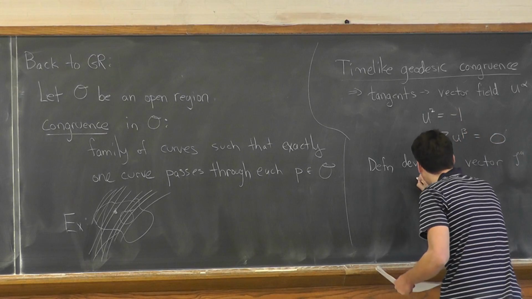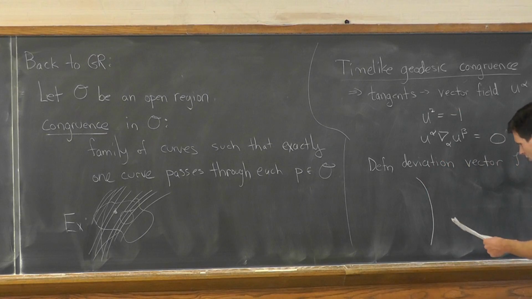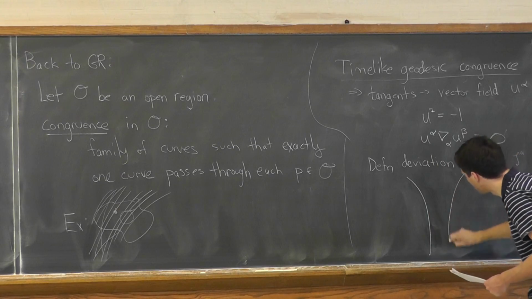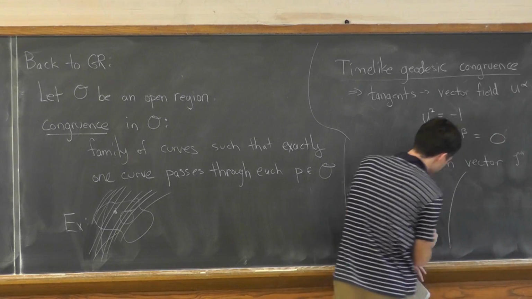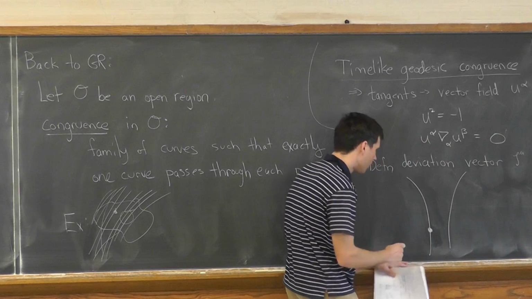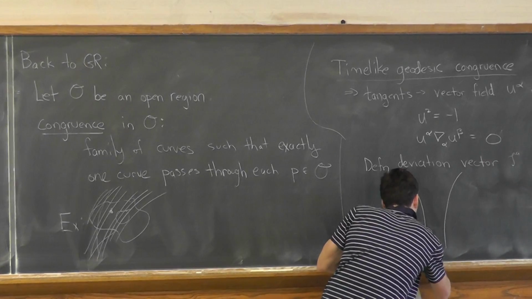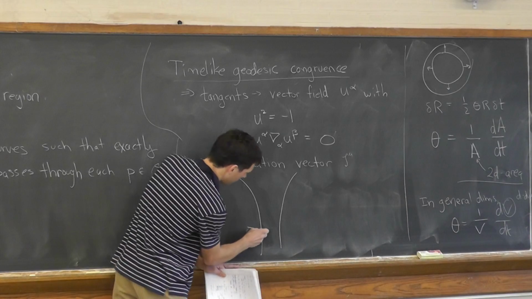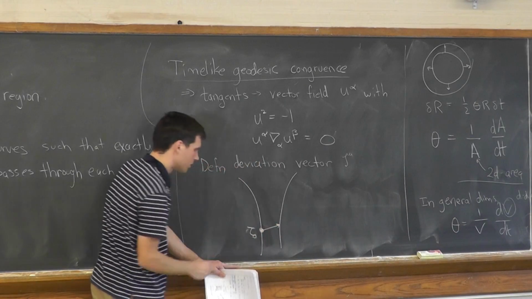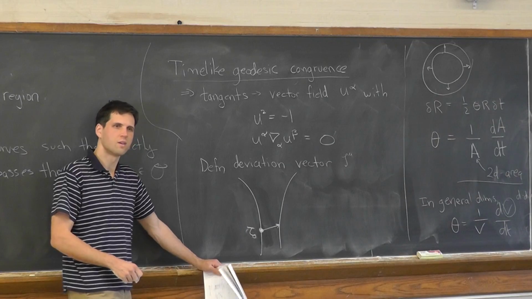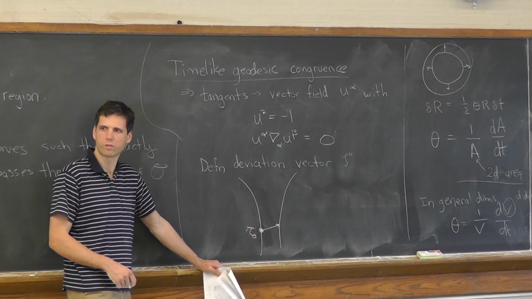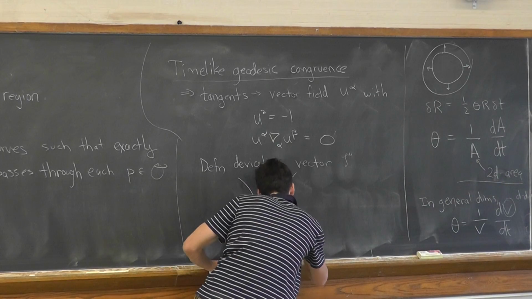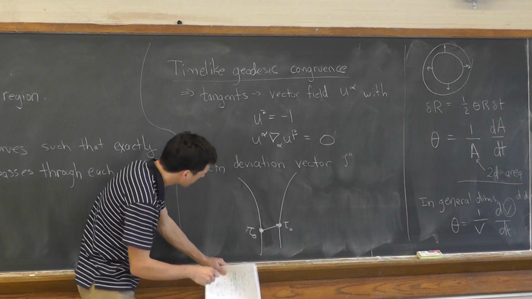So the way it's defined, let me draw a picture first. It's defined so that if we start here at proper time τ₀, then it takes you to the nearby curve of your congruence, also at proper time τ₀.